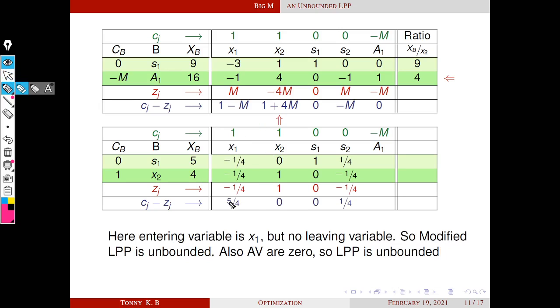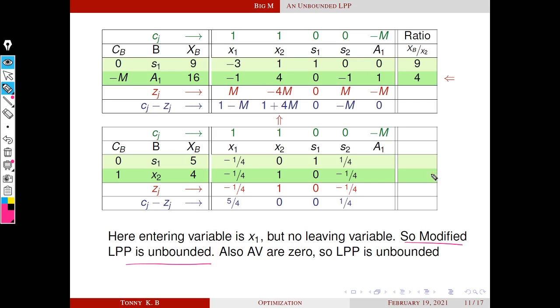Here, this is an unbounded table. That means the modified LPP is unbounded, but there is no artificial variable at non-zero level. If some artificial variable is at non-zero level, then the problem has no feasible solution.